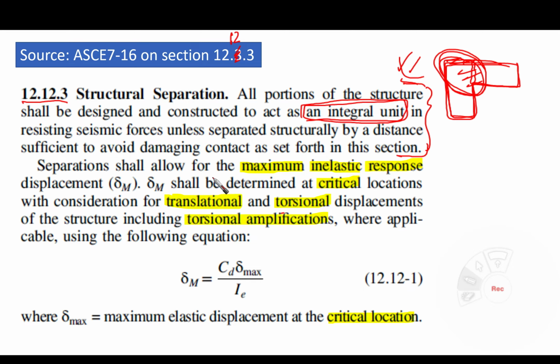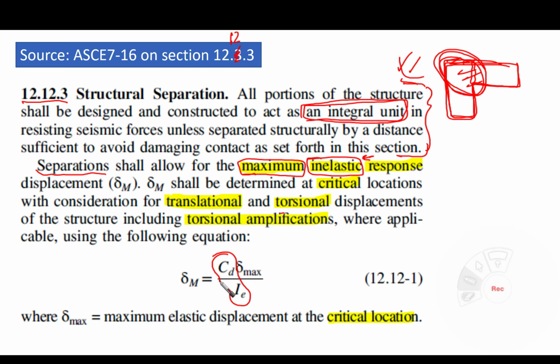Separations shall allow for the maximum inelastic response. This is an important issue. The separation that we're going to talk about today should take into consideration the maximum inelastic response. We're not talking about elastic response here. So whenever we are talking about inelastic, this means directly that we are going to multiply by Cd and divide by Ie, which is the importance factor.